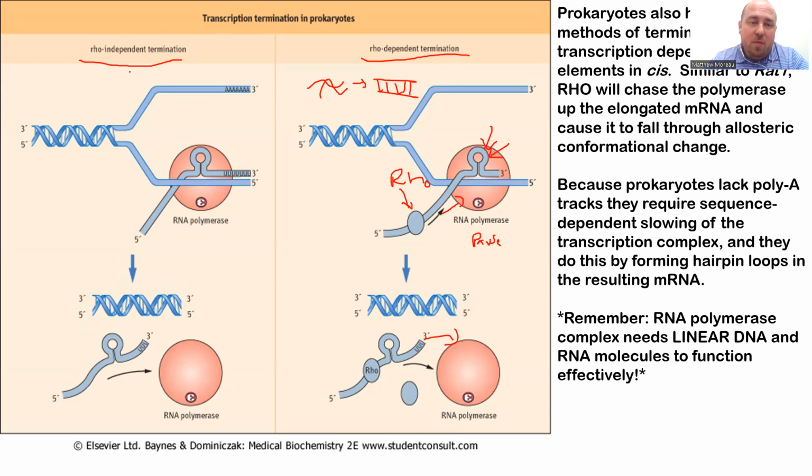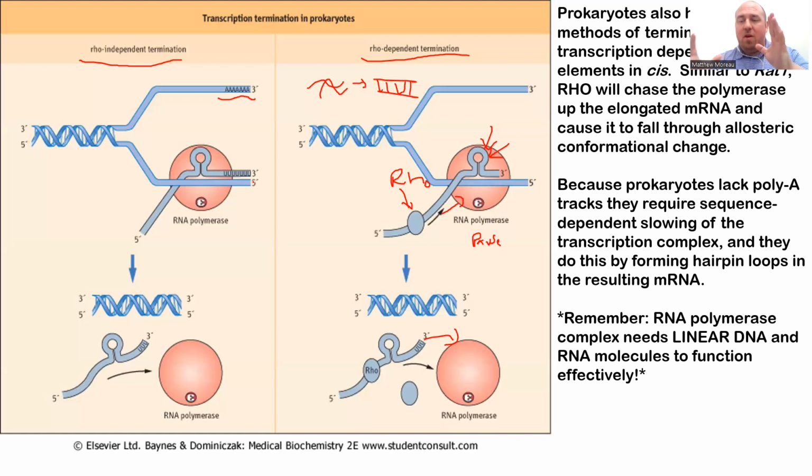Rho-independent termination is simply caused by a polypyrimidine tract. So a polypyrimidine tract on the RNA, caused by a polypurine tract in the DNA, causes instability of the ability of RNA polymerase to maintain engagement with the DNA.